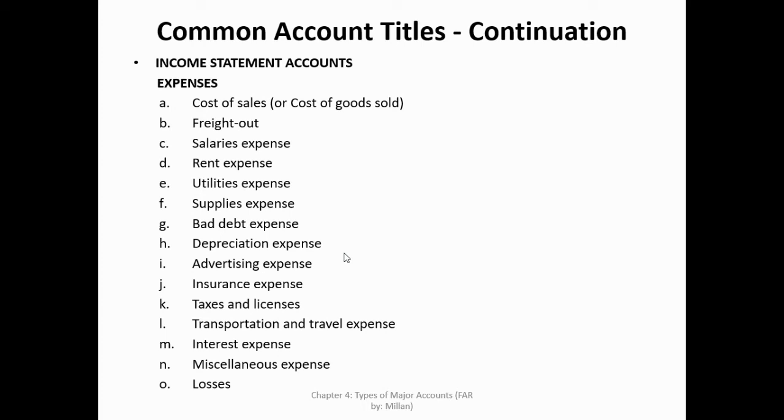Ma'am, bakit hindi 15,000? So, yung 15,000 na total, ang tawag kasi dun ay allowance for bad debts or allowance for doubtful accounts. Dahil total yon. Pero kung for the year lang, bad debts expense yon. Ganon din sa depreciation expense.